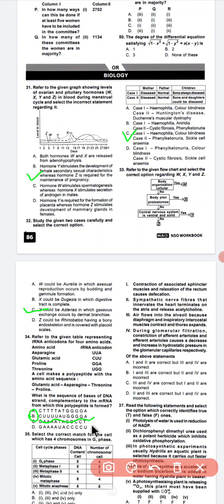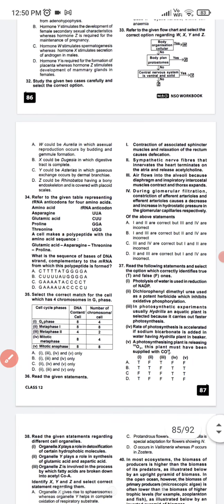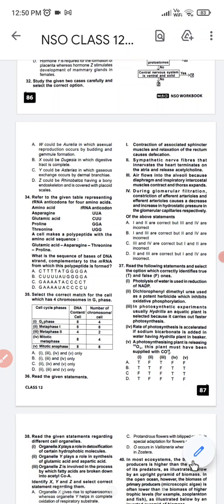Okay. After that, we have the next question, question 35. See here also they have provided you a table. Under this table, you have to select the correct match for the cells which have 4 chromosomes in the G1 phase.